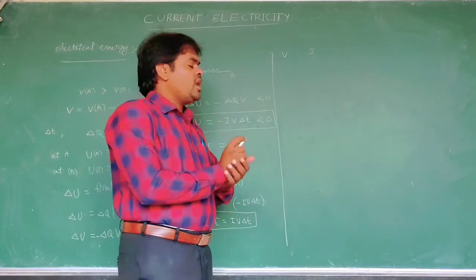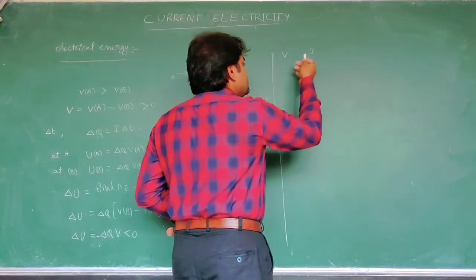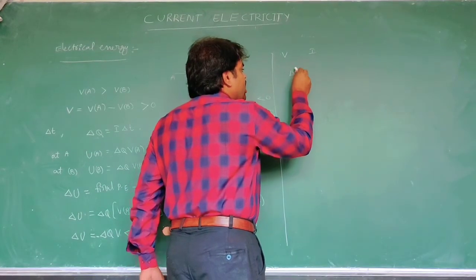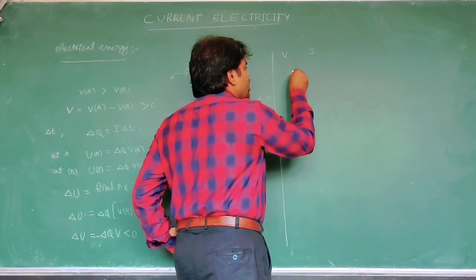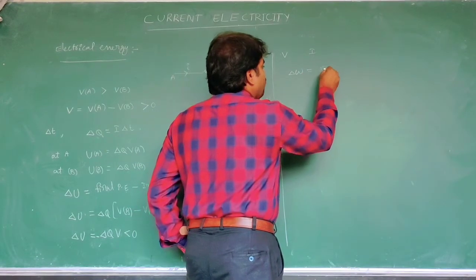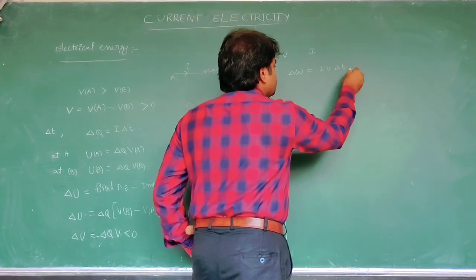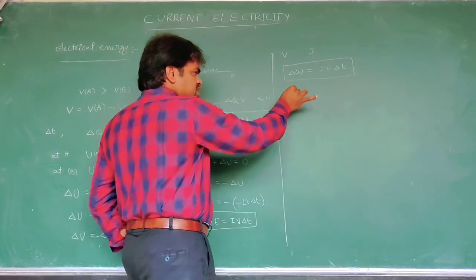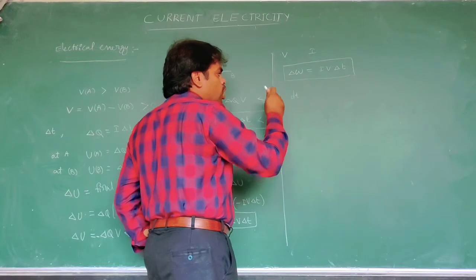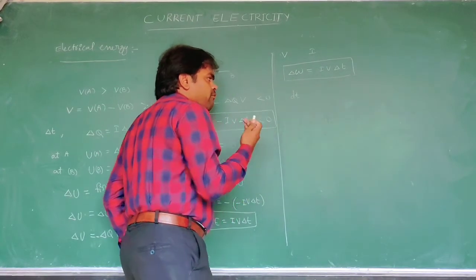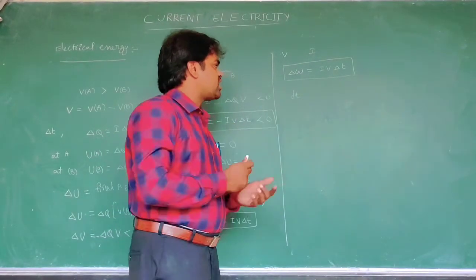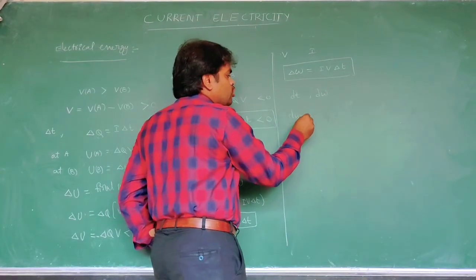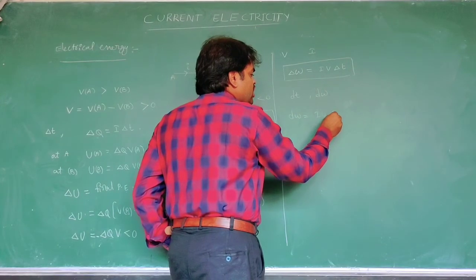For a given interval of time, the work done delta W equals I V into delta t. For a small interval of time dt, the work done by the EMF on the conductor is dW equals I V into dt.